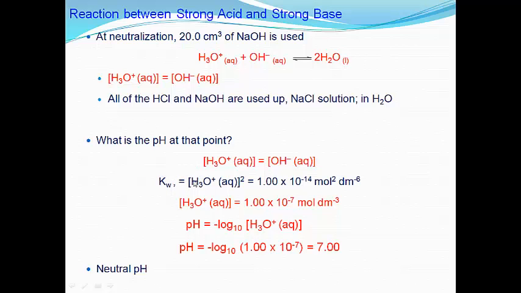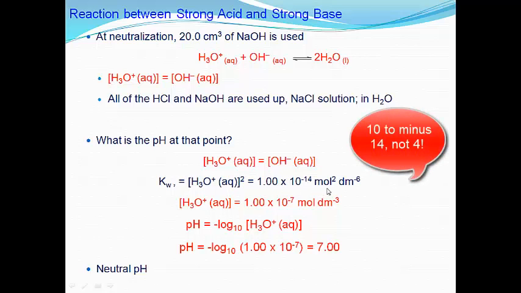And so we know that Kw is equal to the concentration of H3O plus times the concentration of OH minus. And since the concentration of OH minus is equal to the concentration of H3O plus, we can substitute that into our Kw, which is equal to H3O plus squared, which is equal to 1 times 10 to the minus 14 mole squared dm to the minus 6.